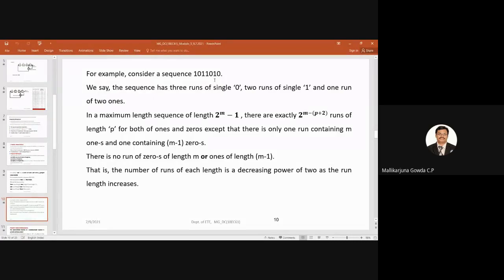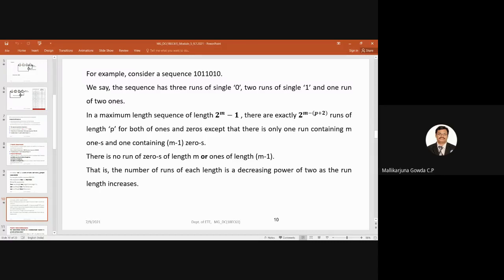So how many runs are there? 1, 2, 3, 4, 5, 6 runs are there, right? So this sequence has 3 runs of single 0, and 2 runs of single 1, and 1 run of 2 ones.